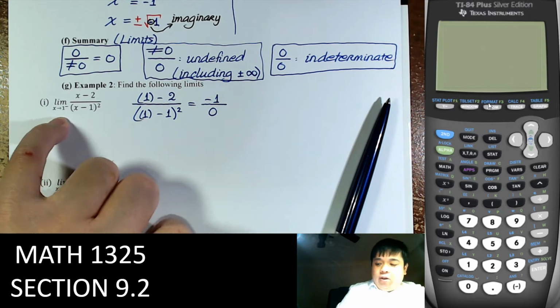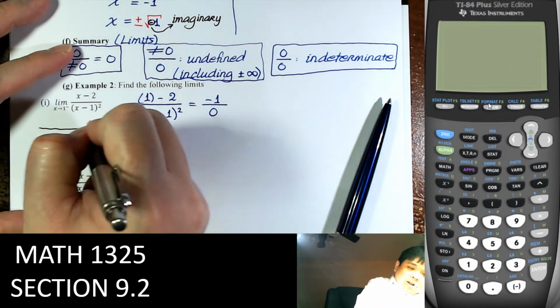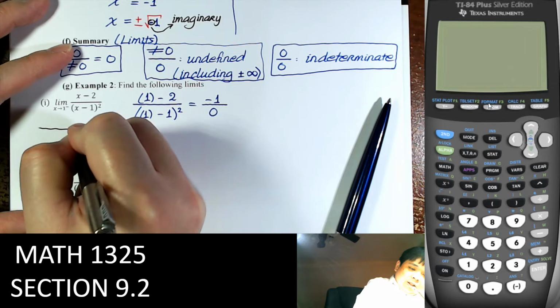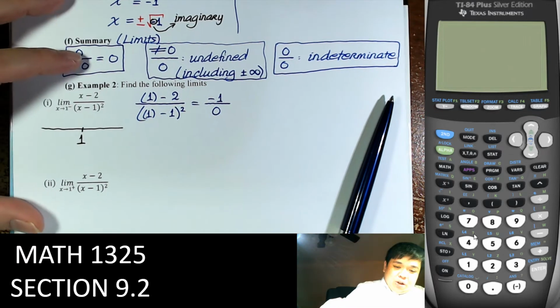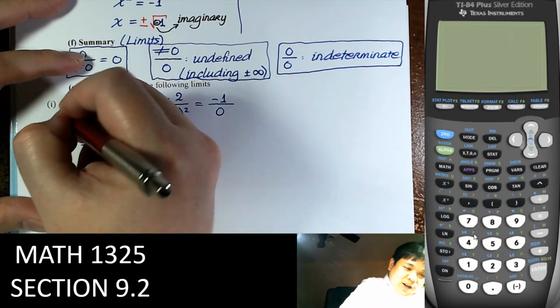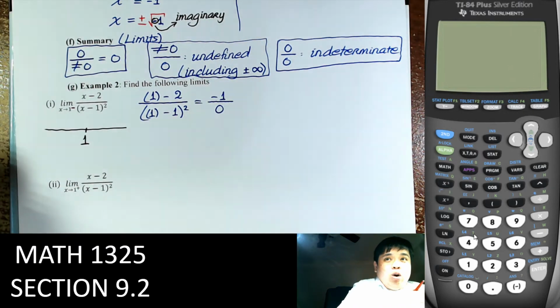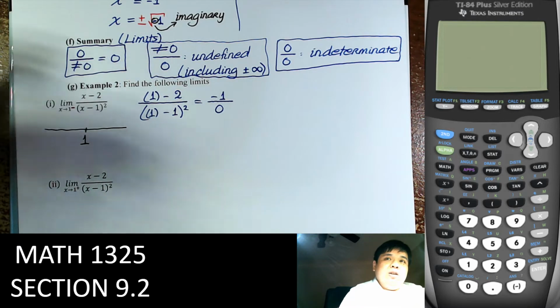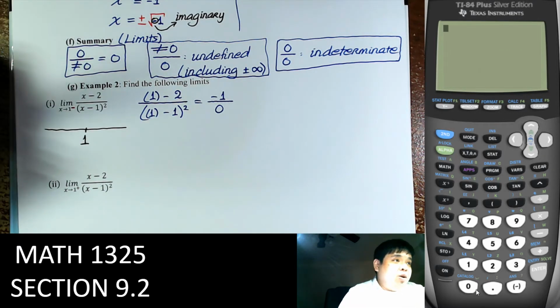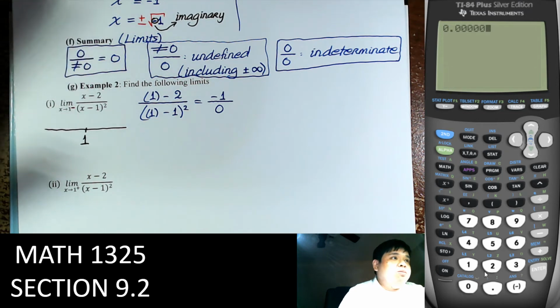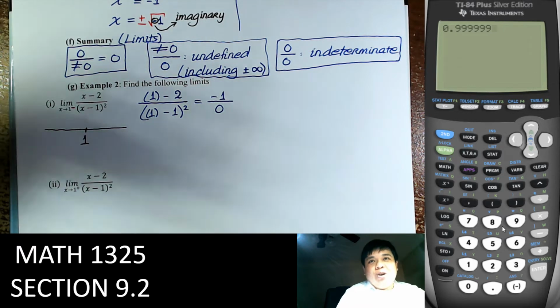If we have 1 from the left side, right? So on the left side of 1, it's going to be 0.99999, very close to 1, but not equal to 1. Very close to 1, but less than 1. So let's say we have 0.9999, that's close to 1 on the left side.